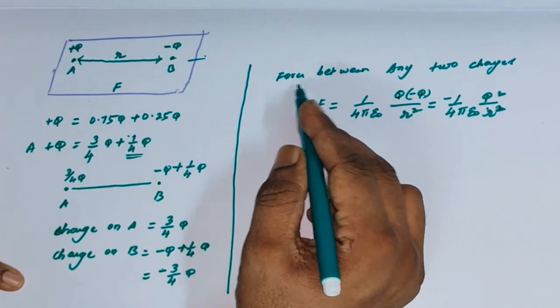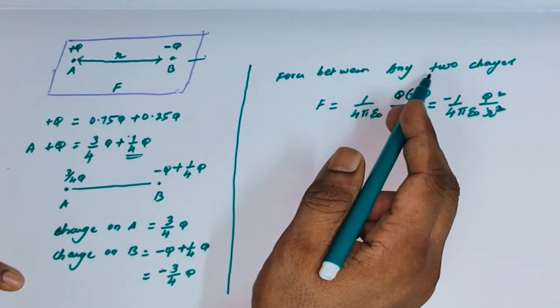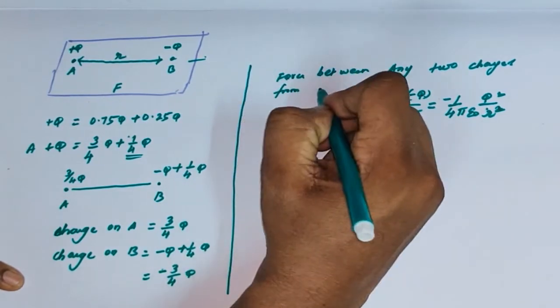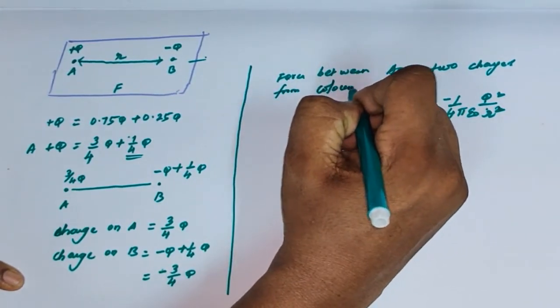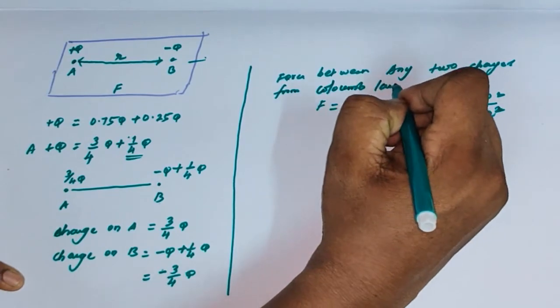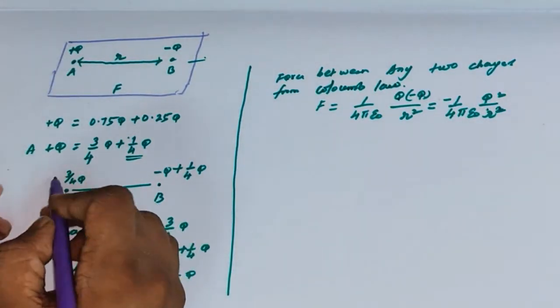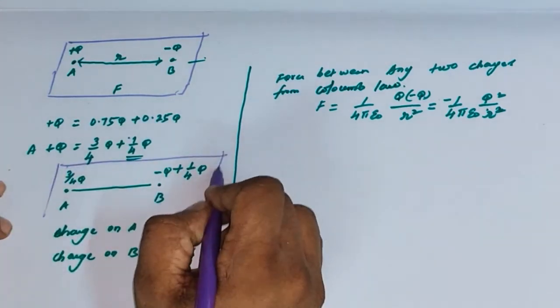This is the general expression for the force between any two charges from Coulomb's law. Now for the new configuration, we are going to calculate the force between the two charges.